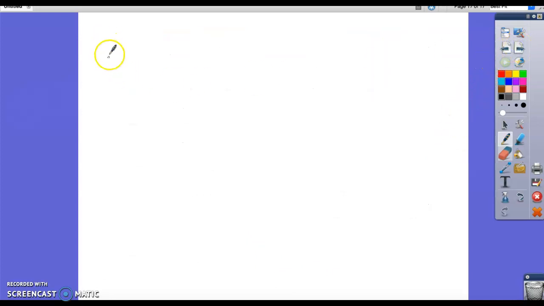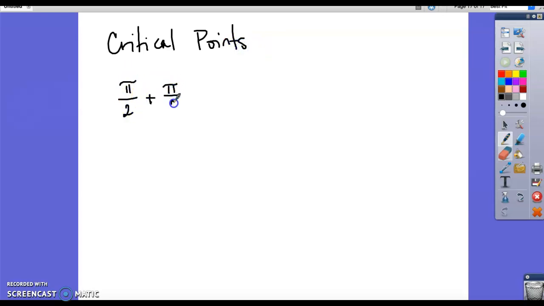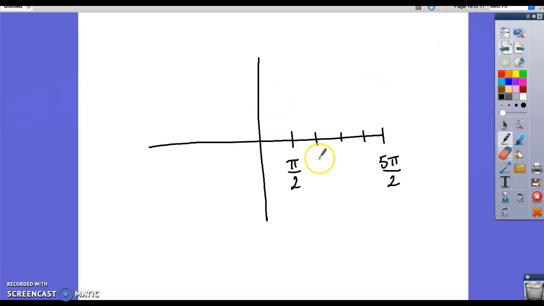My first critical point is pi over 2. To find my second one, since the distance between my critical points is pi over 2, I'm going to add pi over 2. So it gives me 2 pi over 2, just pi.